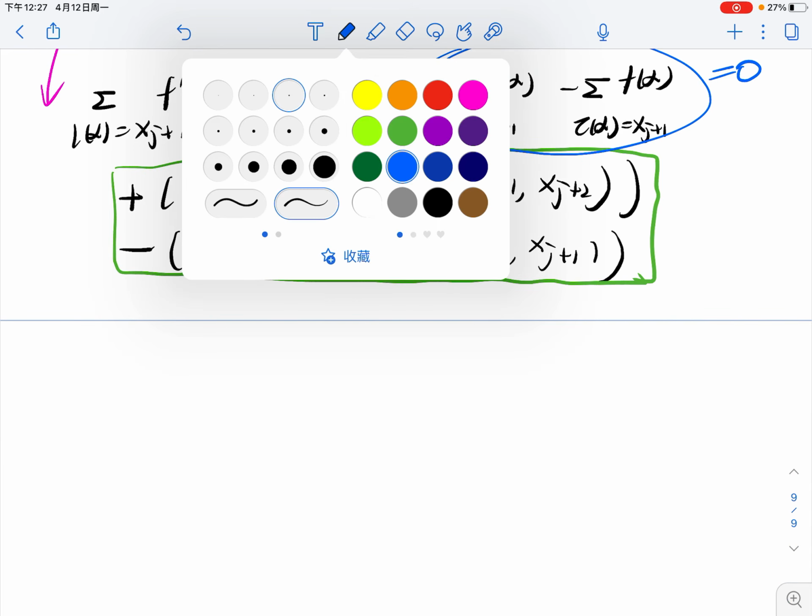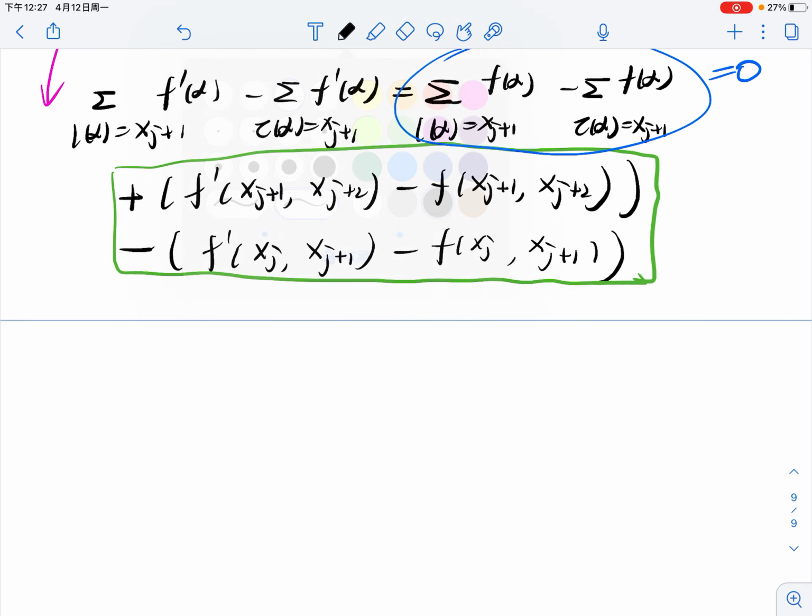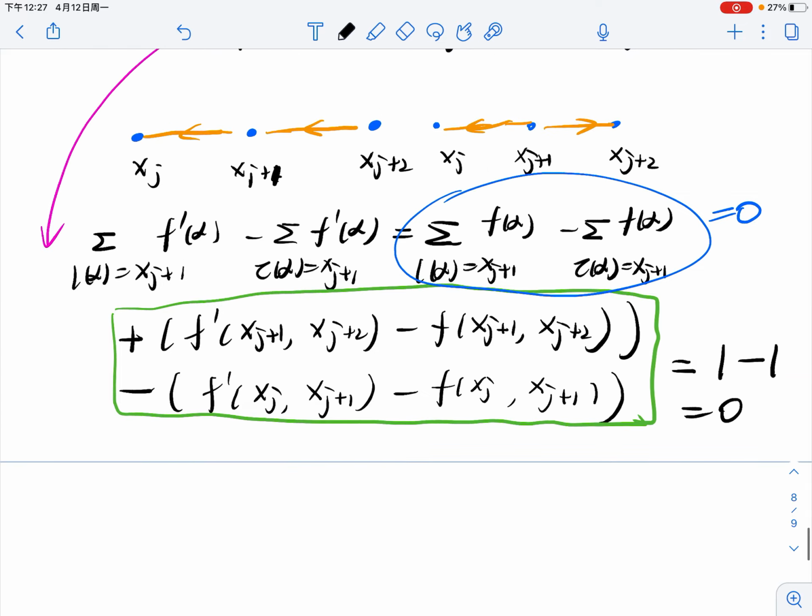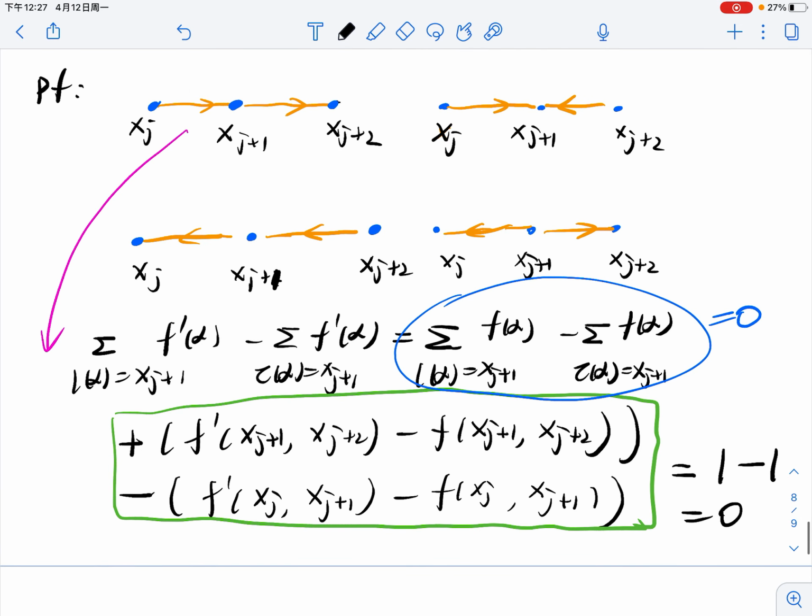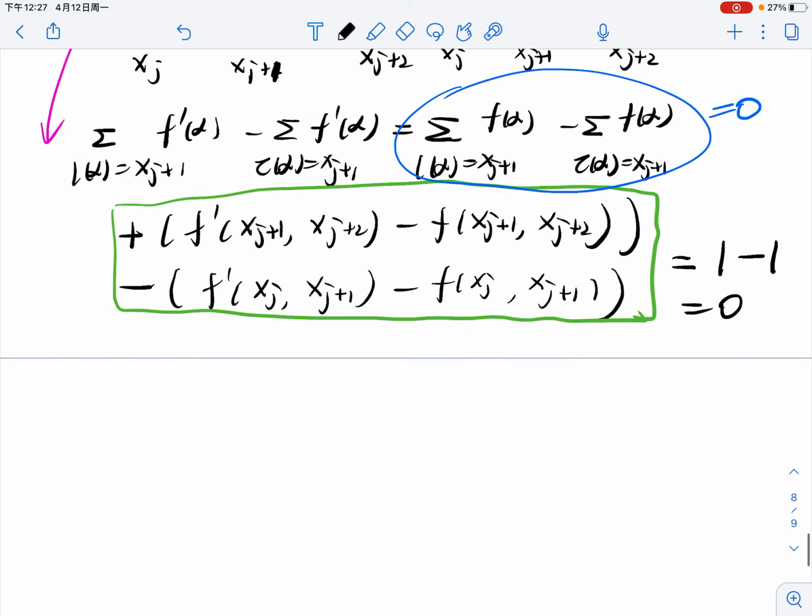And for the green box, it's easy to see we have 1 minus 1, which is 0. Okay, so let's give them some indices.